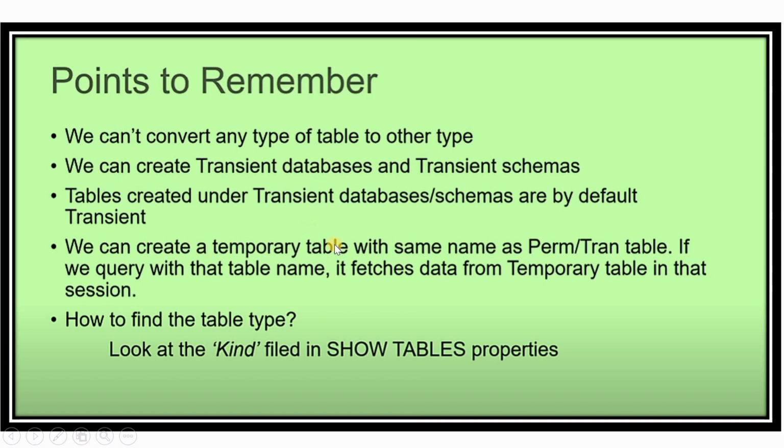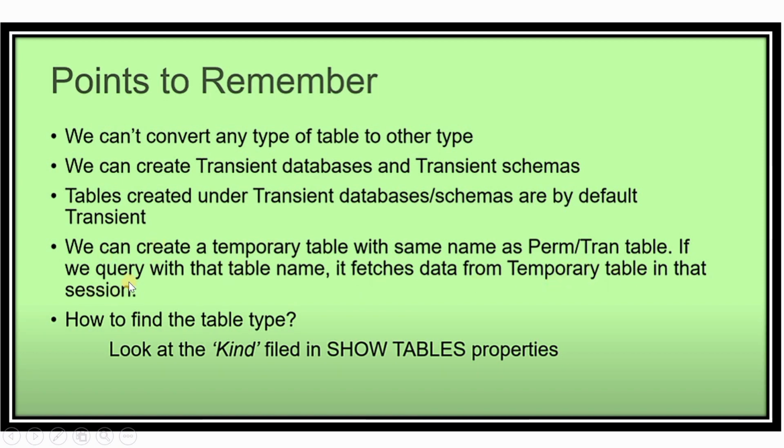Okay, we can create a temporary table with the same name as a permanent table or a transient table. Suppose you have a customer table which is a permanent table, then you can create a temporary table with that same customer name. If you query with that table name, it fetches data from the temporary table in that session.